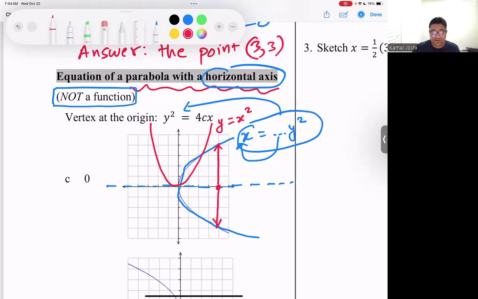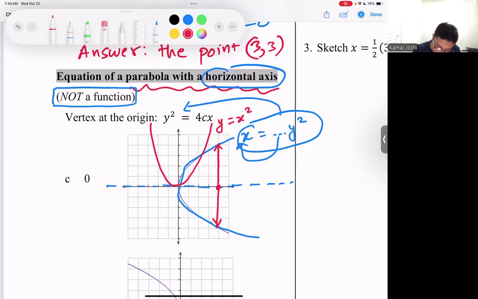So that's not a function. But you can easily see it is made up of two functions. If you just slice it at the horizontal axis and consider only the part above, it's a function. Or if you consider only the lower part, that is also a function.